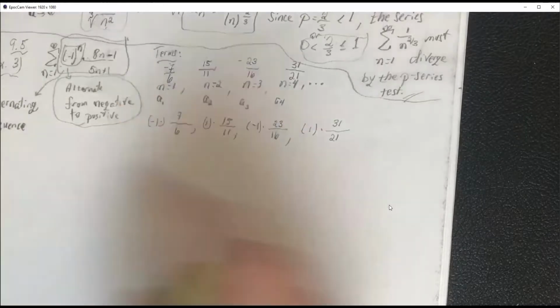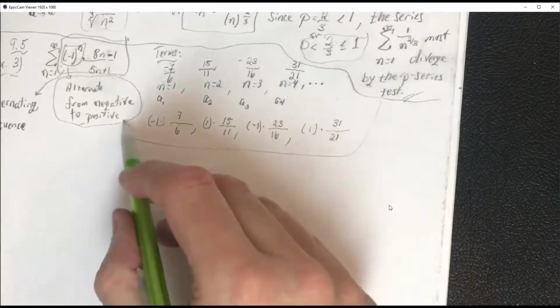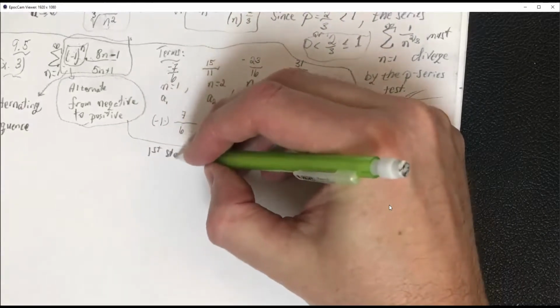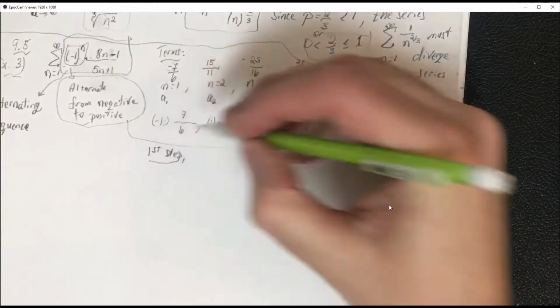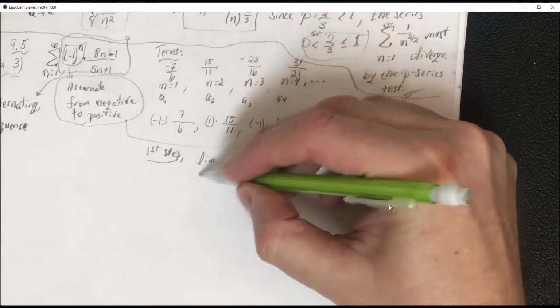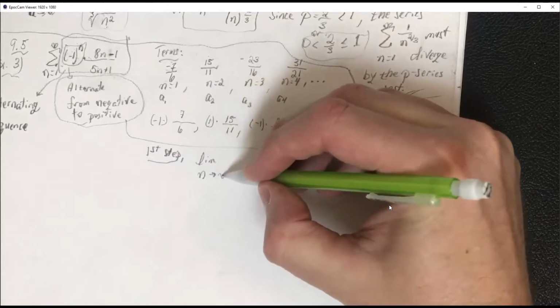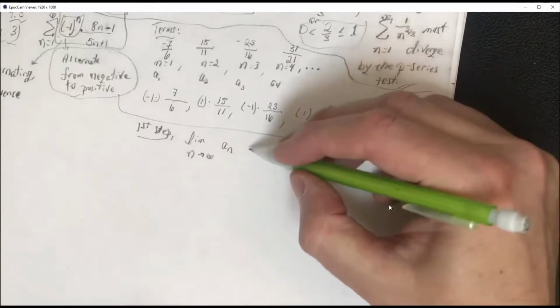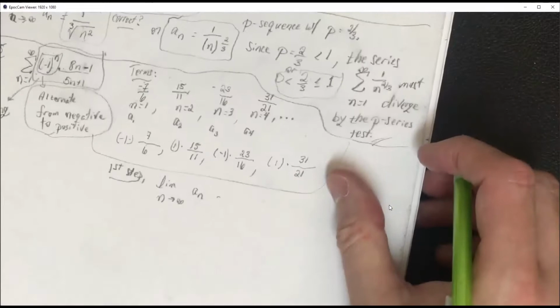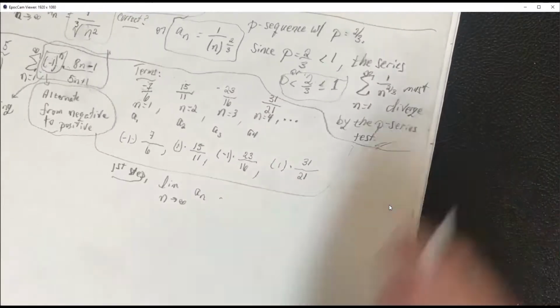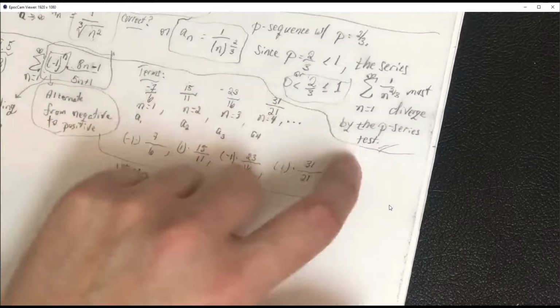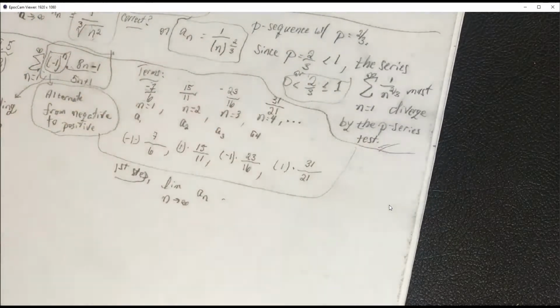but now we want to analyze the first step. The limit as n approaches infinity of the terms of the sequence, and what we want to see is if these are getting smaller and smaller, closer and closer to 0.